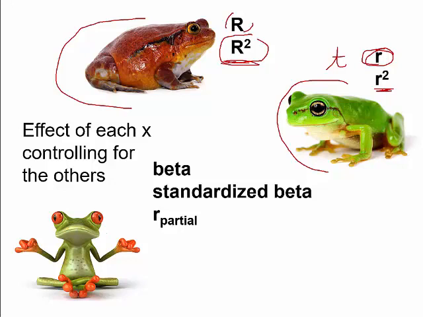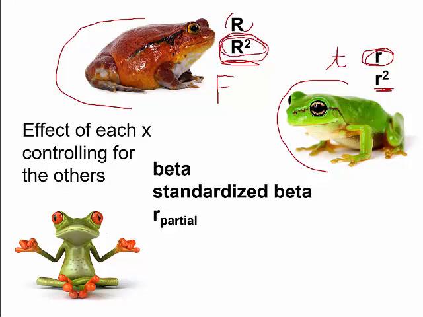And what do we use to test the significance of our capital R squared? We test the significance of our multiple correlation, or multiple correlation squared, with an F-test. So the F-test, the ANOVA, the analysis of variance, and the F value we get from doing an analysis of variance is how we test the significance of our capital R squared.